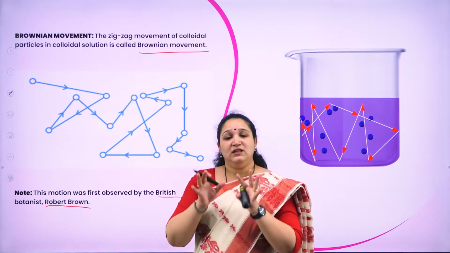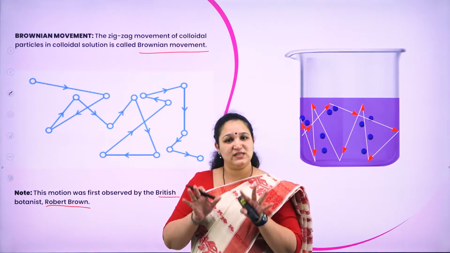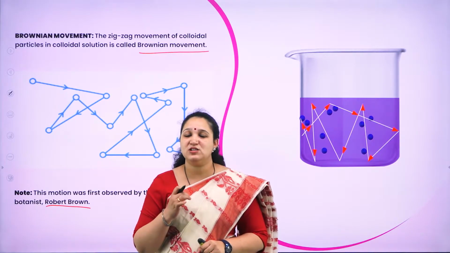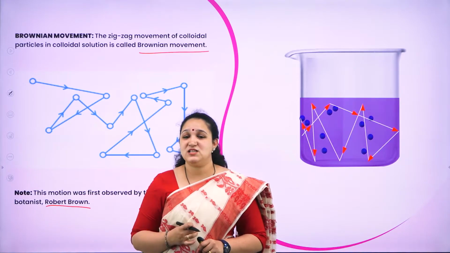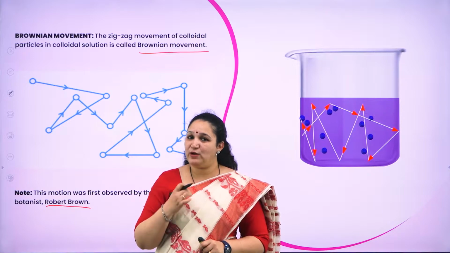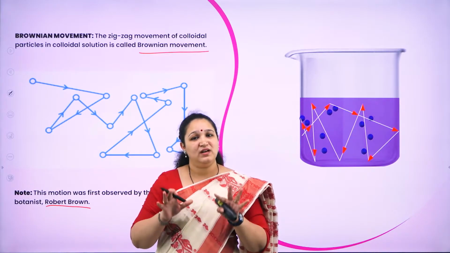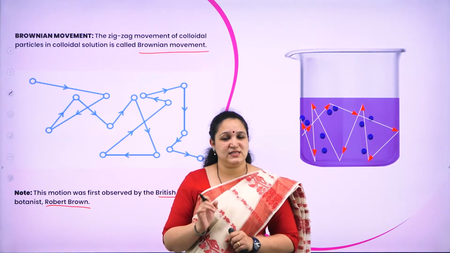That's the reason the colloidal particles will never settle down, and the stability of the colloidal solution is because of Brownian movement, and this is called the stirring effect. Because of the stirring effect, the colloidal solution particles will never settle down and the colloidal solution becomes very stable.